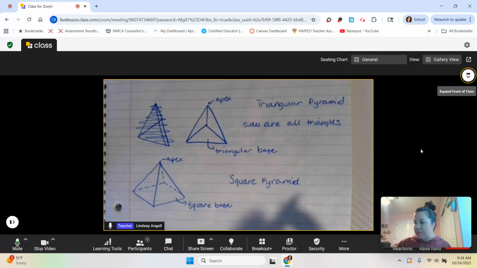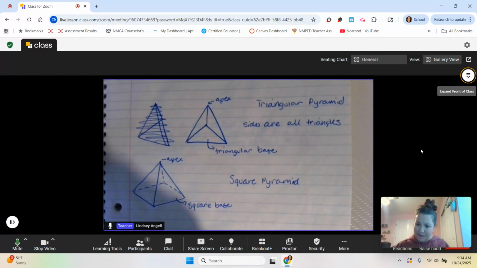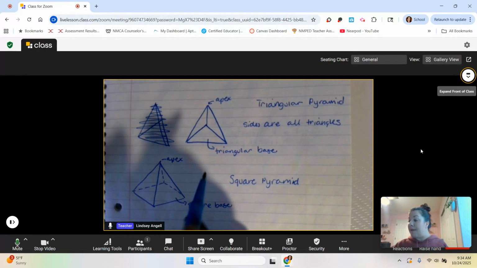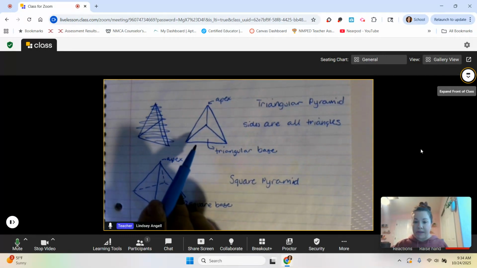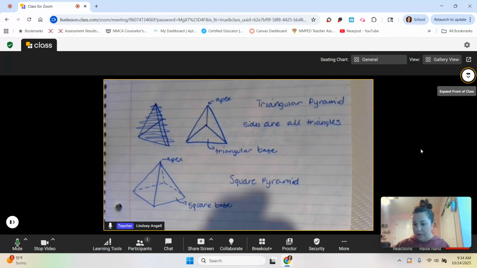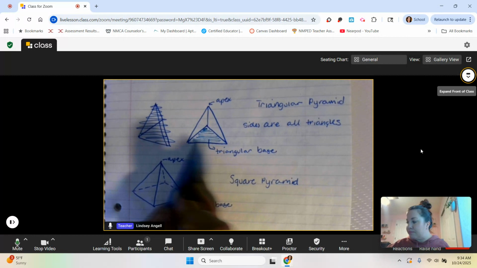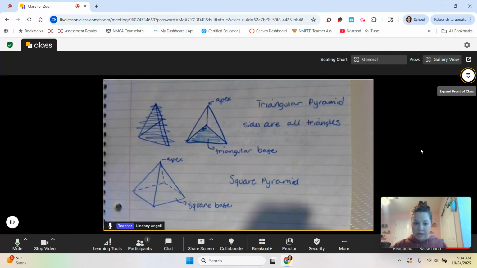I'm so sorry. This drawing is not a very good drawing, and I apologize for that. But this is an example of a triangular pyramid. And so all of the sides are triangles. In this case, the base, the bottom of the pyramid, is a triangle as well.